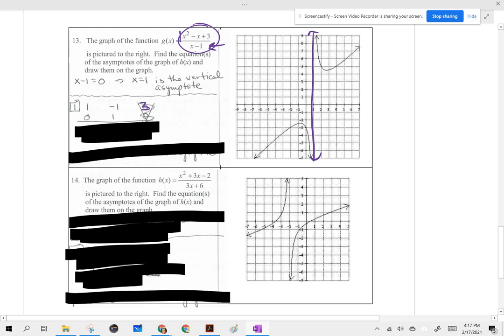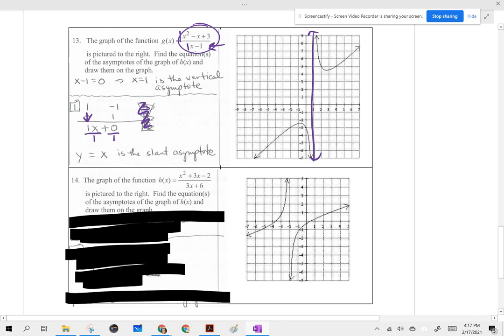Bring down that first number, finish synthetically dividing, disregard the remainder, and then remember we are going to divide by the denominator's leading coefficient, which means we are dividing by 1. That ultimately gives me y equals x as the equation of the slant asymptote, which means we have an equation that looks like this. Okay, and then you can connect them.